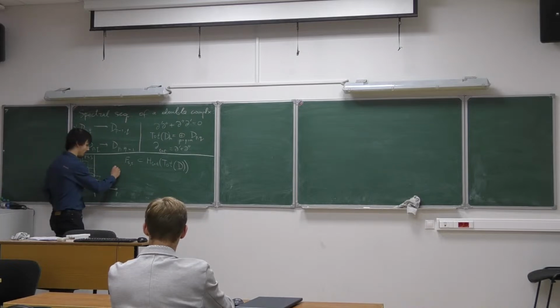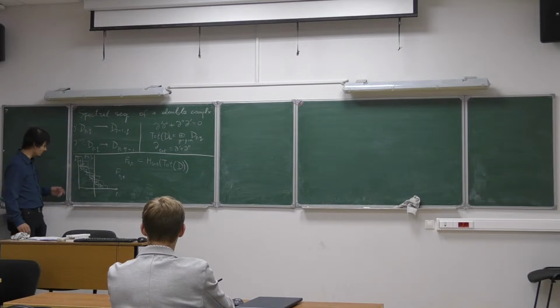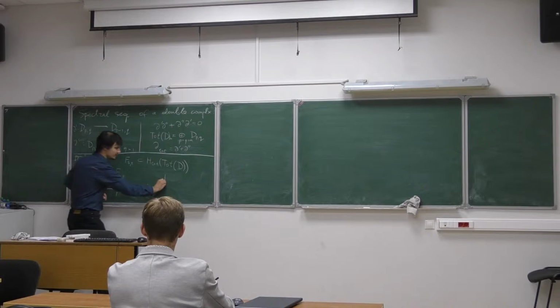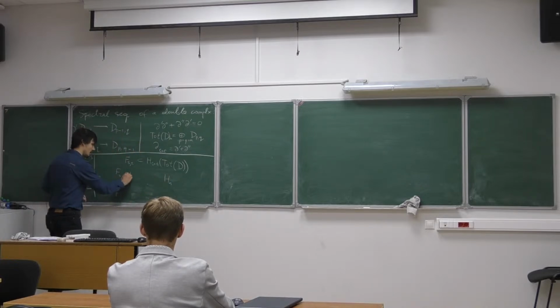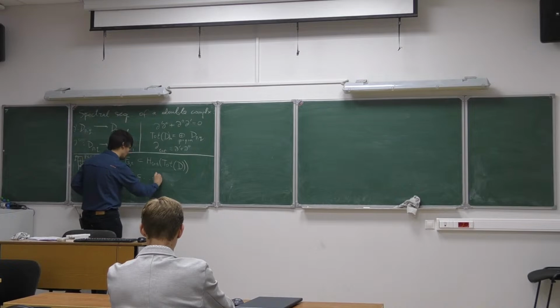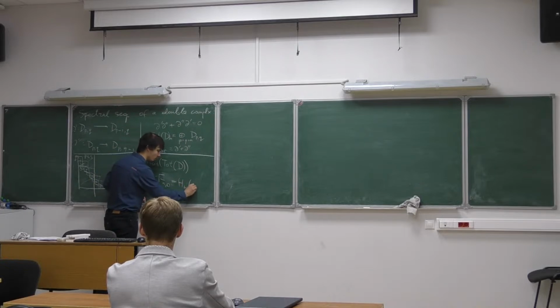So the smallest one is F0. If we consider the group Hn, then we have F0 n, F1 n minus 1. All inclusions are non-strict, of course. And the largest one is Fn 0, and this is just the whole homology group.